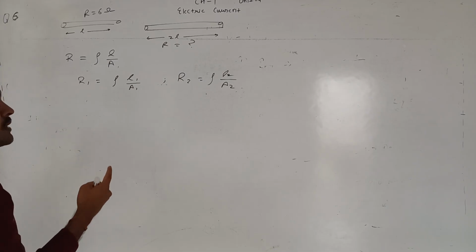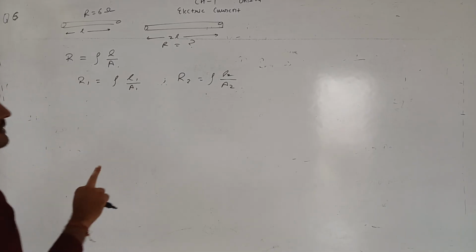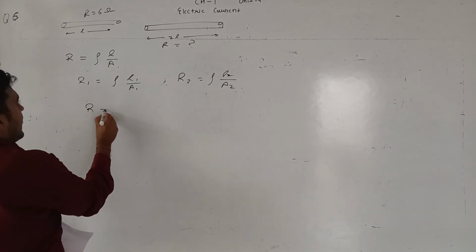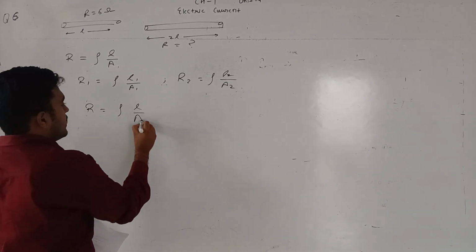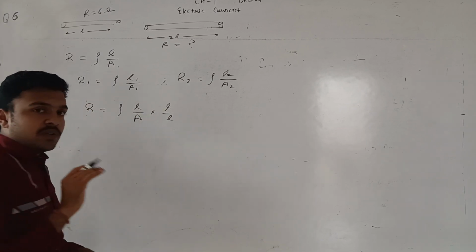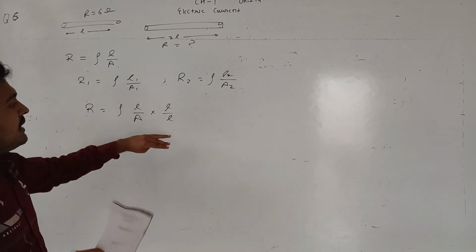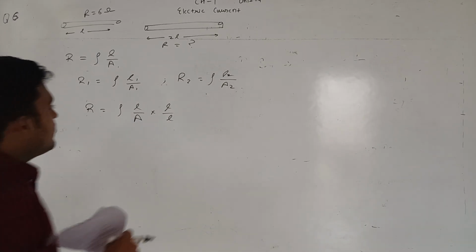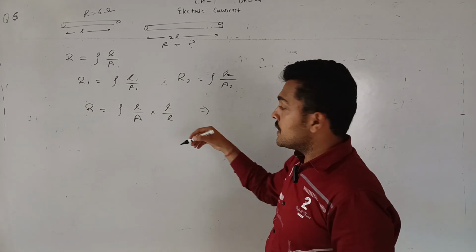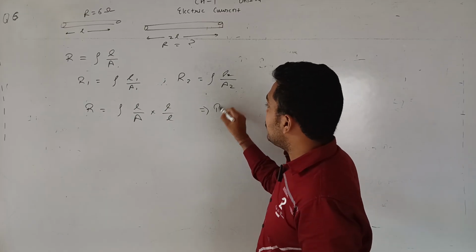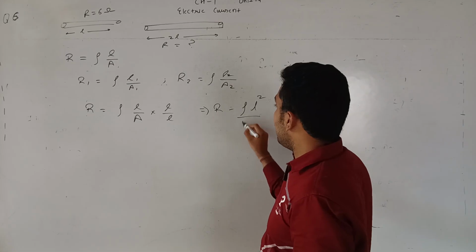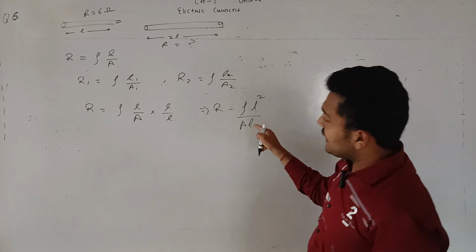Now we know that the volume remains the same. So we can write R as rho L by A, and if we divide and multiply by L, there is no difference. If we divide and multiply a number with the same number, the result remains the same. So R is equal to rho into L squared divided by A into L. Now what is A into L?